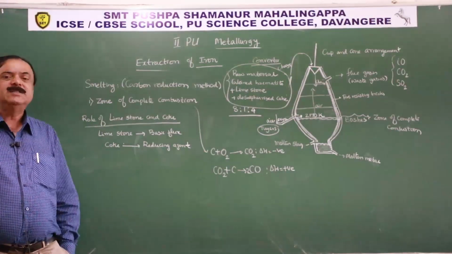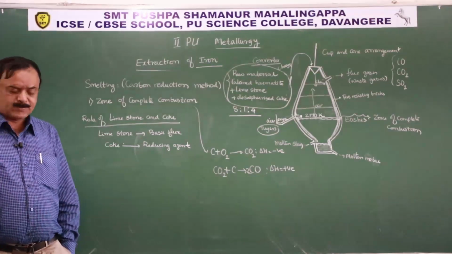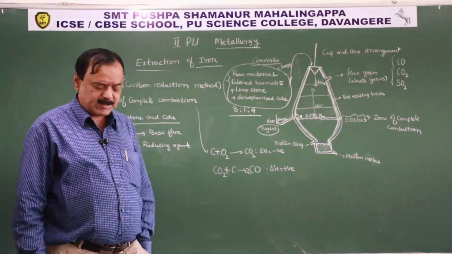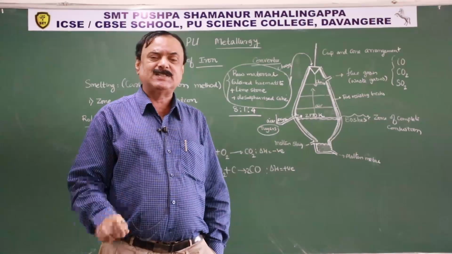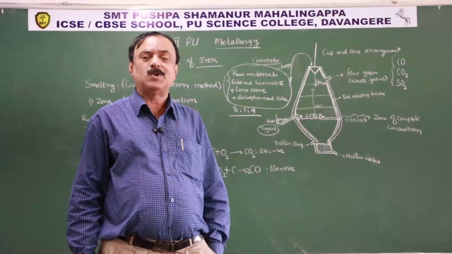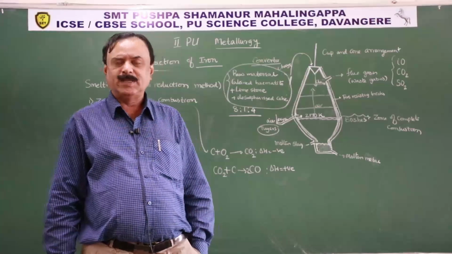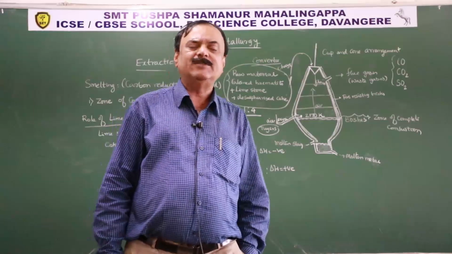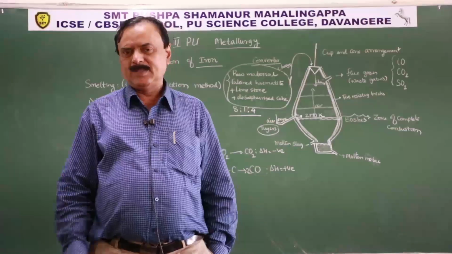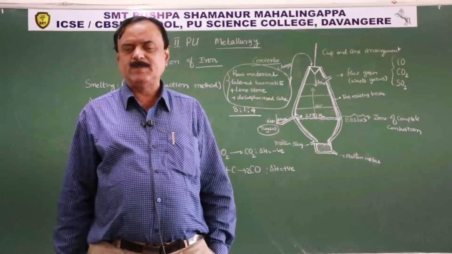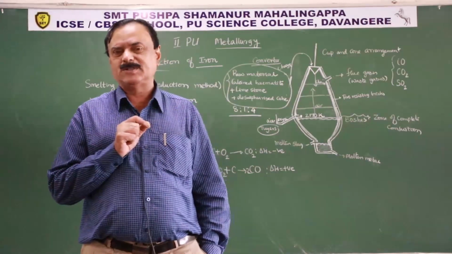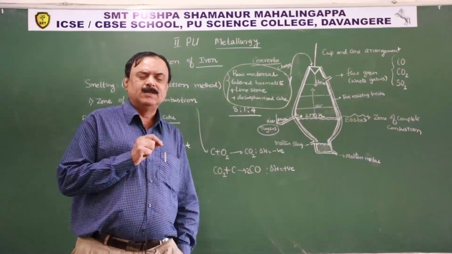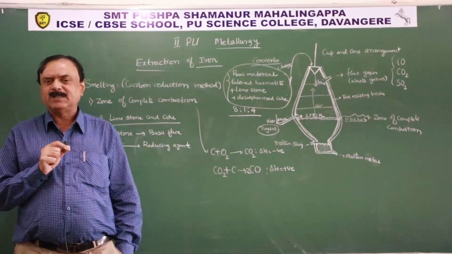That zone is called the complete combustion zone. What chemical reaction occurs there? The carbon present in the charge, the desulfurized coke, is converted into carbon dioxide. Therefore, more heat energy is released, and the temperature attained by this zone is 2170 Kelvin.